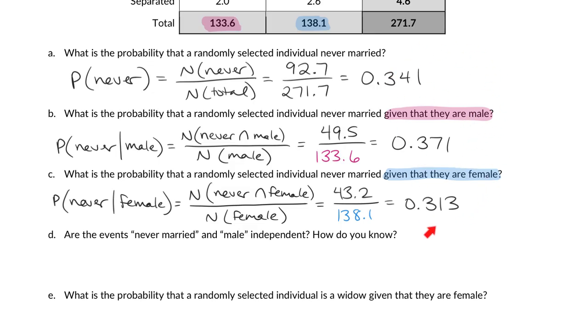No. Since the probabilities changed based on given or conditional probabilities, we now can confidently say that no, these events are not independent. Knowing they were male or female changed the probability.